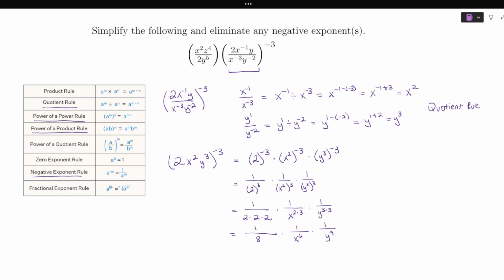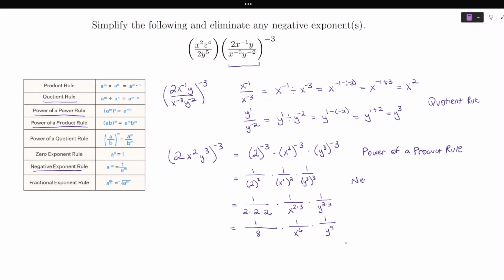Okay, so we first divided it up using power of a product rule. And then we used the negative exponent rule to simplify what we have, get rid of that negative exponent.